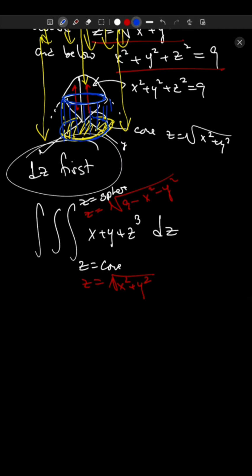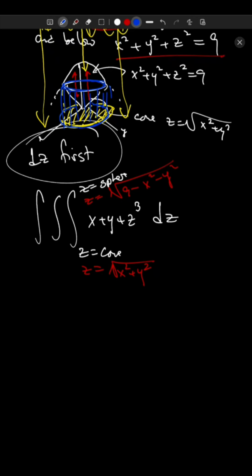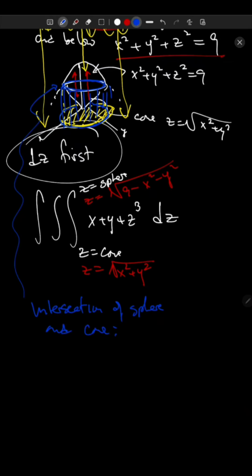It really helps you figure out what these shadow regions need to look like. So it's determined by the intersection of the sphere and the cone. So what is that?